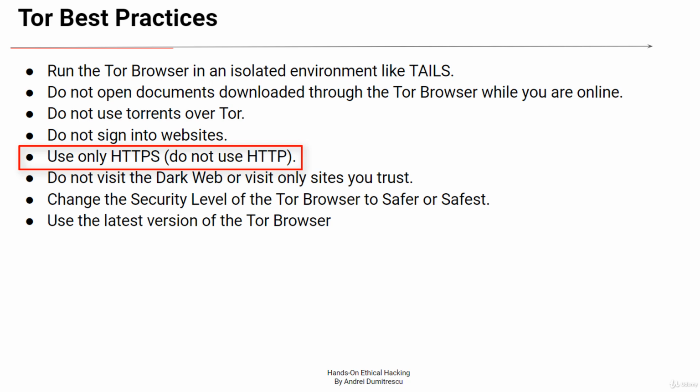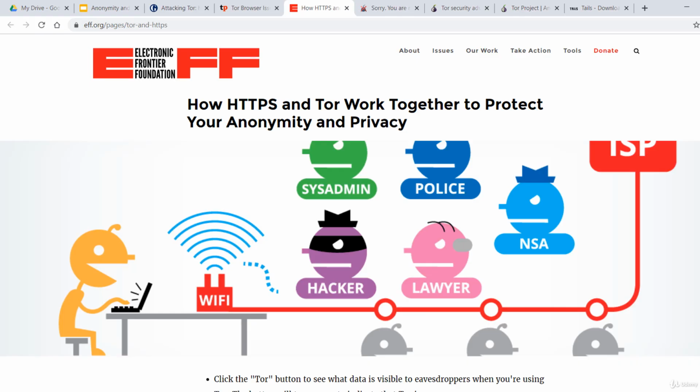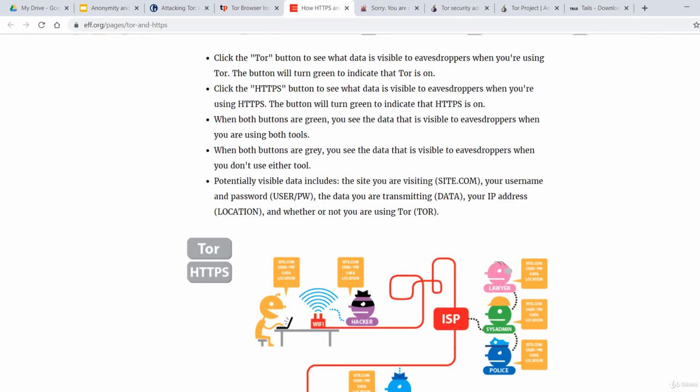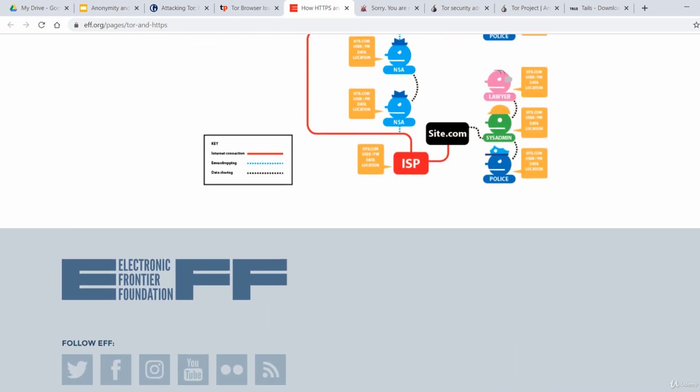Do not use HTTP. Tor will encrypt the traffic to anonymize you, but the exit relay will have access to the original packet. If it's not encrypted, like say an HTTP packet, then the exit relay can see sensitive data like usernames and passwords. Take a look at this diagram made by the Electronic Frontier Foundation to get a better understanding.